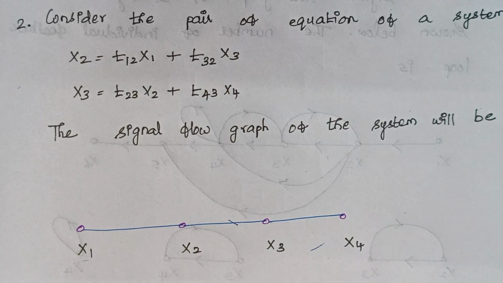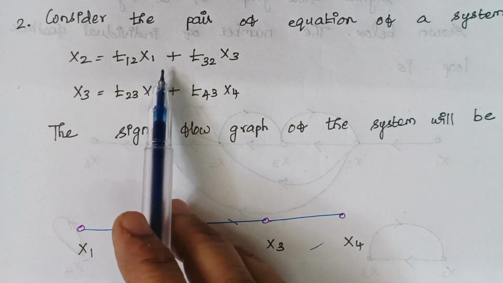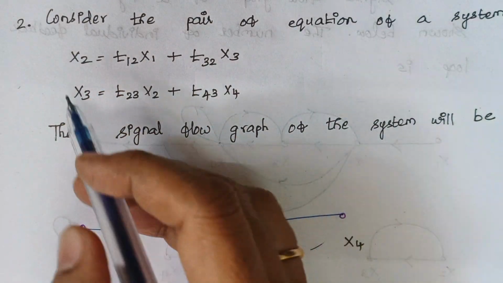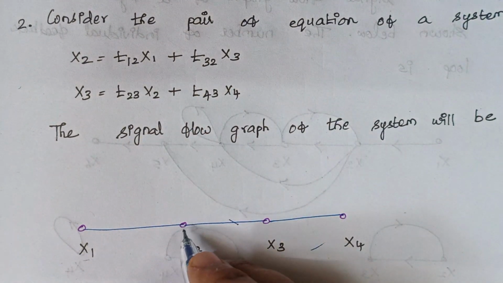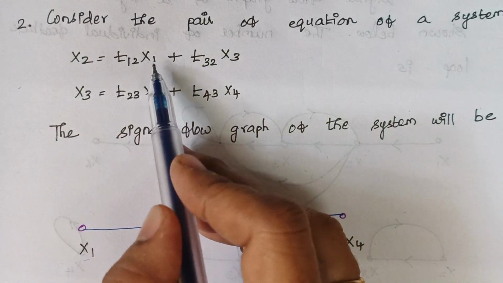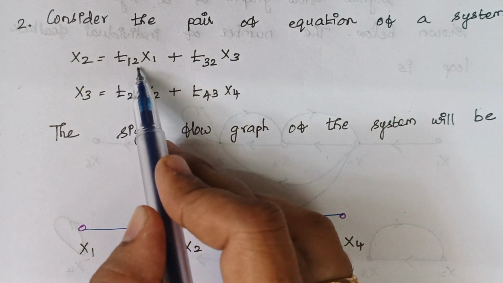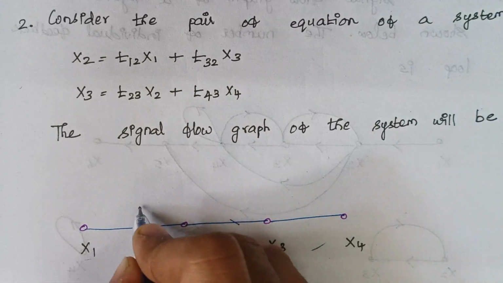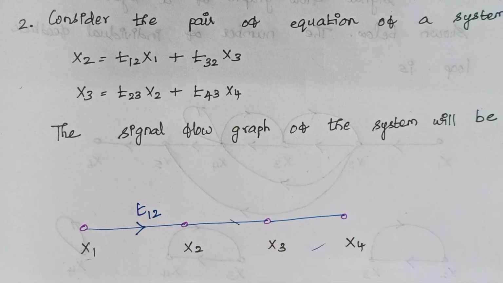Then again, as usual, consider your first expression. We are going to draw the signal flow graph for x2. So x2 is the main node. Here x1 gets multiplied with t12, so here I am having x1 and here there is a gain of t12.